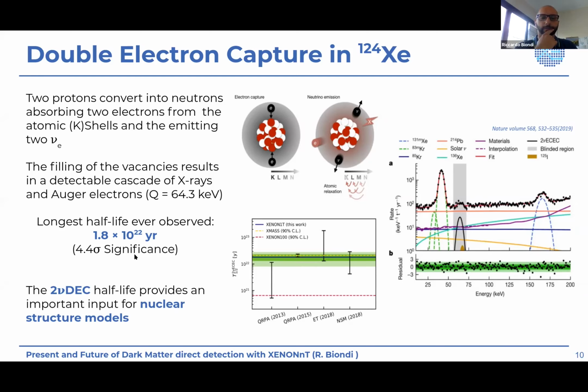We were able to measure the half-life, that is 1.8 times 10 to the 22 years. That is the longest half-life ever observed. And it was a very high significance, 4.4 sigma. And it was published in Nature because of the importance of these results. And it also gives an important input for nuclear structure models.